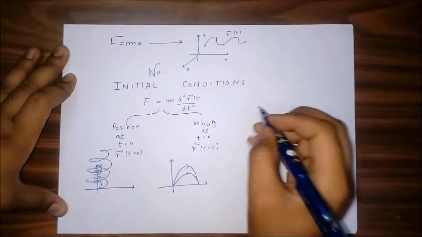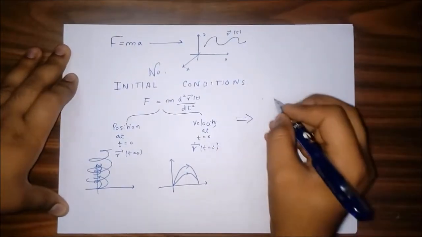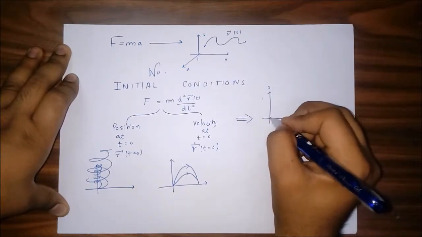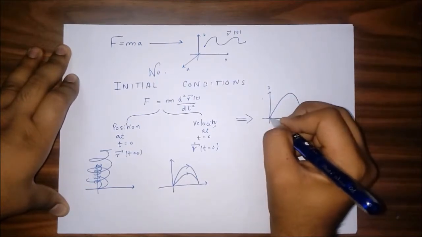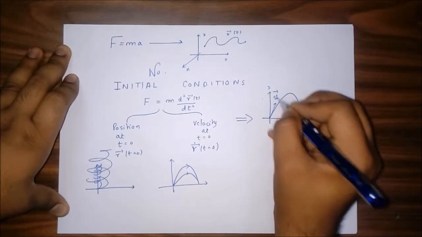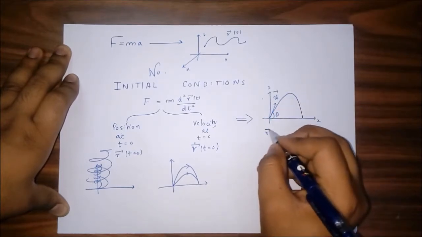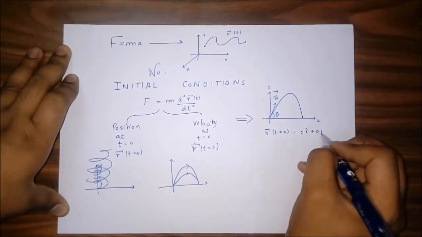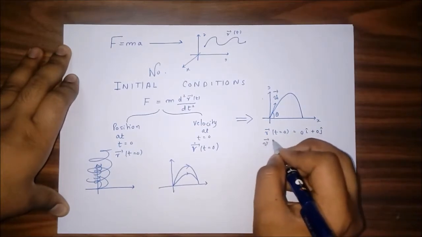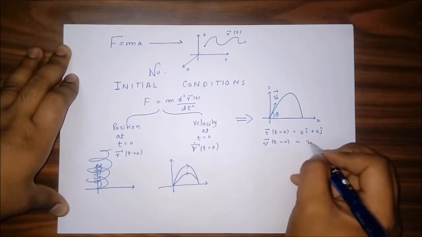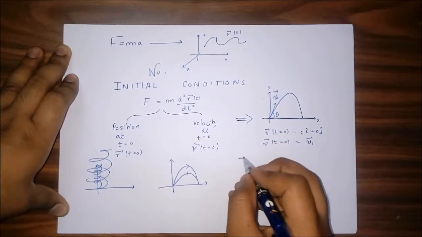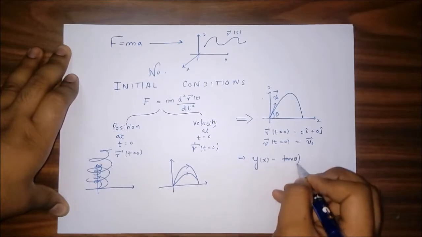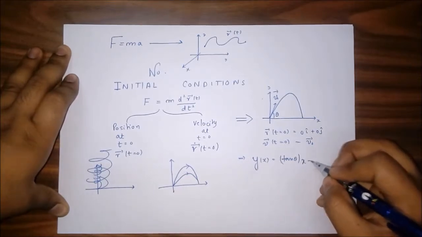This implies that if we have these two initial conditions, we can uniquely determine the solution of F equals ma for a given F, just like a parabola in a uniform gravitational field. So like this, we can determine the trajectory of any system if the initial conditions and the intrinsic force of nature are given.